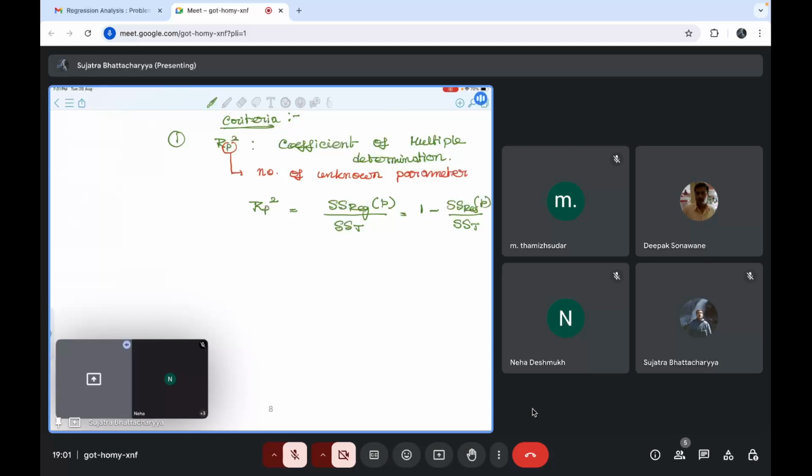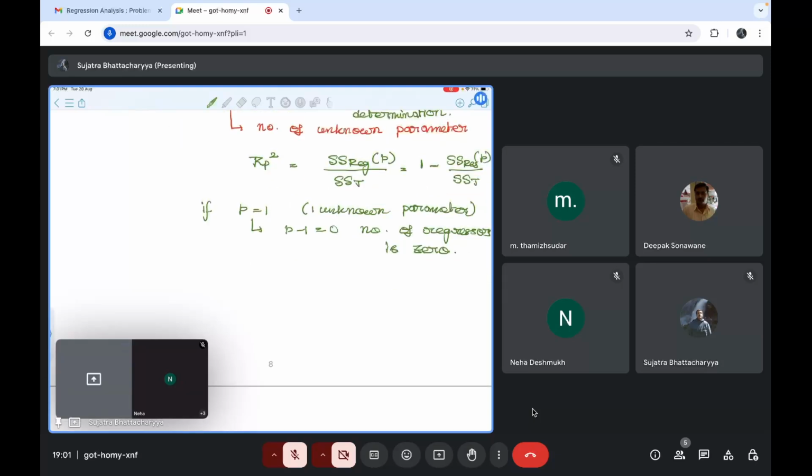So just look into it here. If P is equal to 1, that means one unknown parameter. Another thing we can say here is that P minus 1 is 0, that is, the number of regressors is 0. When the number of regressors is 0, then your SS regression will be 0, right?